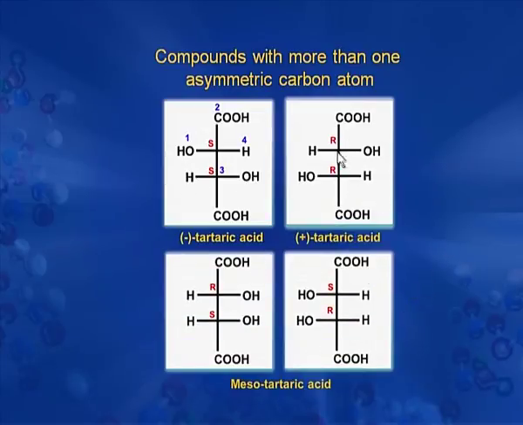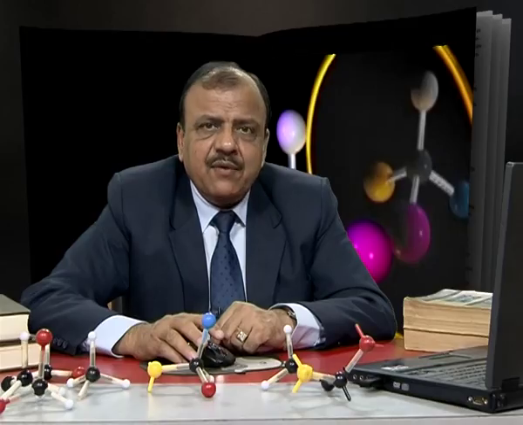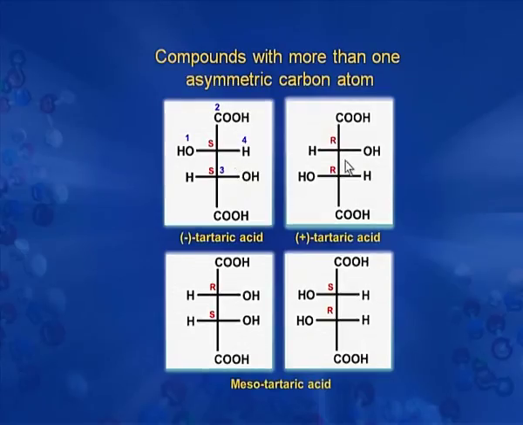This one gets R and R configuration. This is R and S, this is S and R. Let us compare something that we have studied earlier. We find that this is an enantiomer of this and in this enantiomer if these asymmetric carbons have got the S configuration, obviously the mirror image will require R configuration.